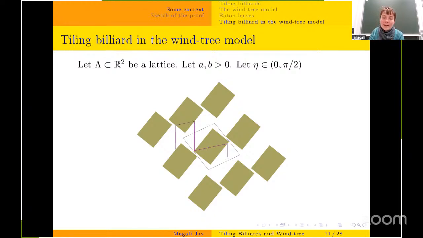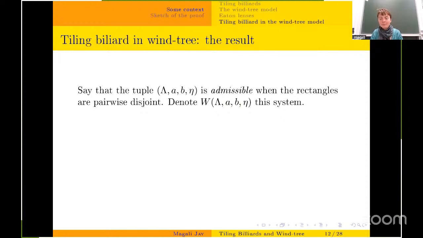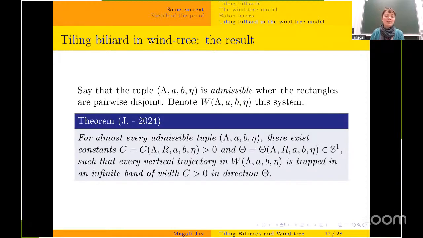So again, I will choose my parameters so that the obstacles are disjoint. And I showed that for almost every admissible parameters, there exists again a width c and an angle theta, such that every vertical trajectory in this tiling billiard in the Wintry model is trapped in an infinite band of width c and direction theta.